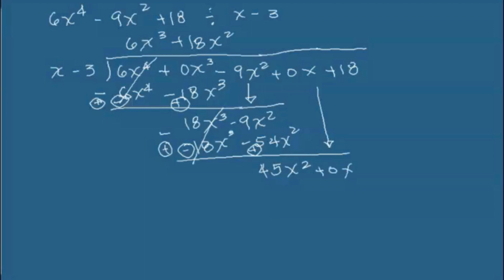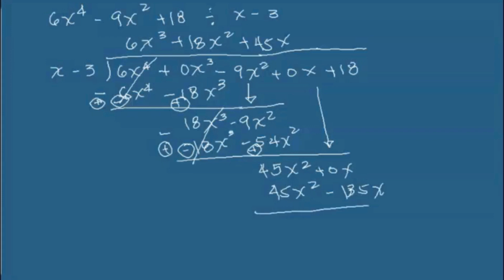0x, and then divide again. 45x squared divided by x is positive 45x, and then multiply. 45x times x is 45x squared. 45x times negative 3 is negative 135x.